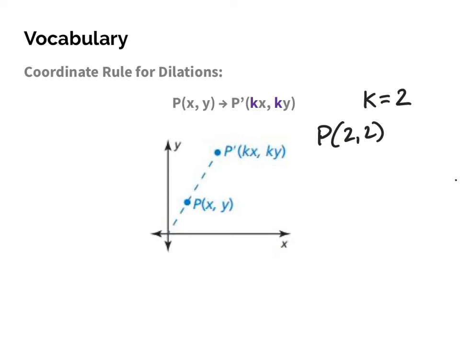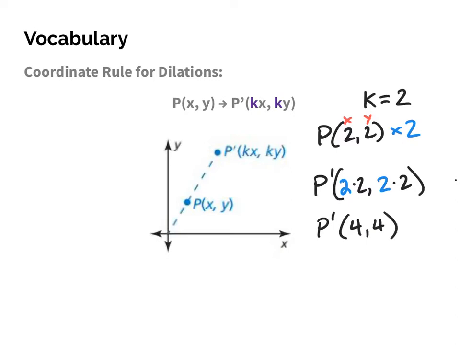To find P prime, I'm simply going to take my coordinates of x and y for P, and multiply everything by 2. So I'm going to take the x value 2 and multiply it by 2, and do the same thing for the y. I'm going to take 2 and multiply it by the y value, which is 2. What I would get then is my image location at 4, 4.